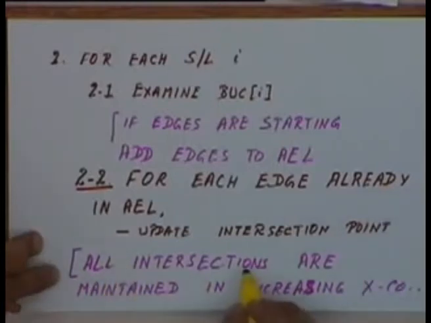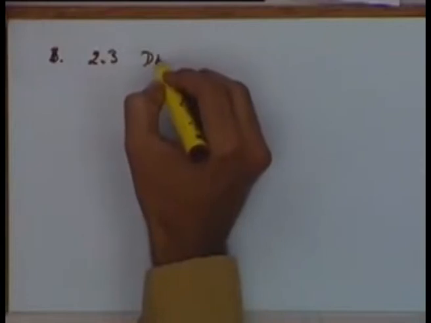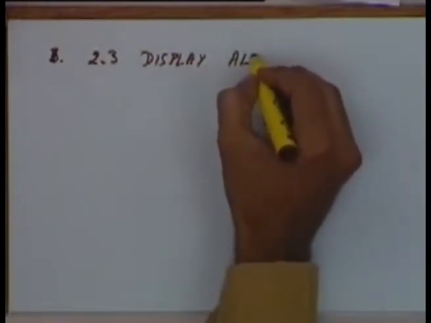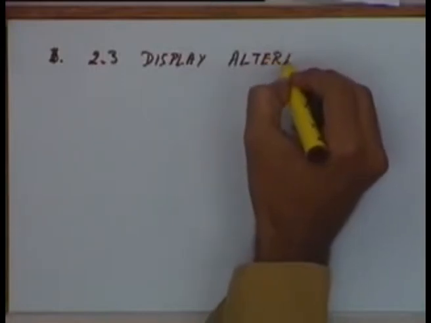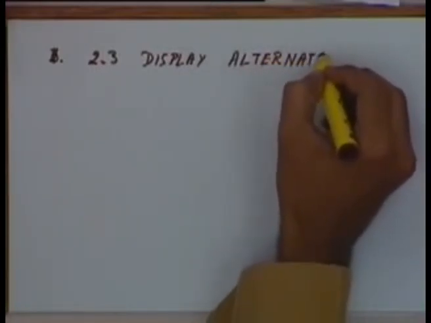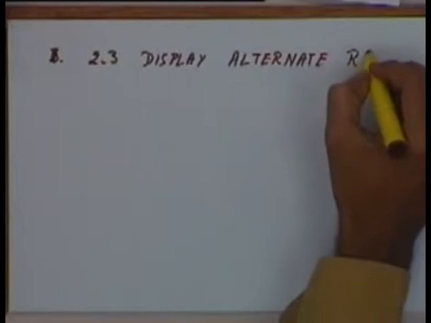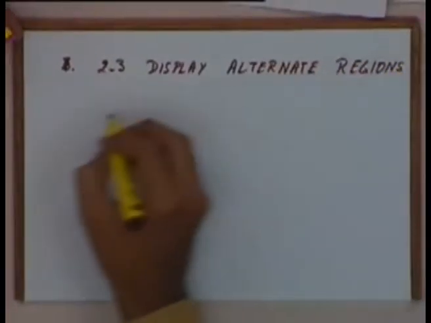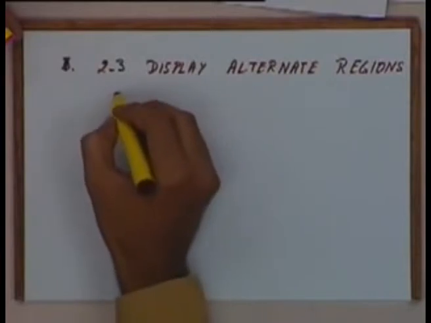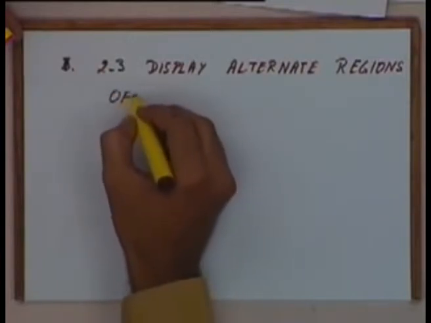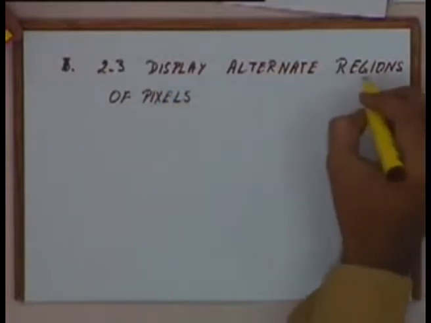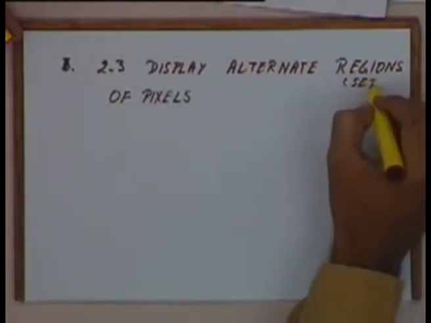Now we'll display alternate regions or alternate sets of pixels.